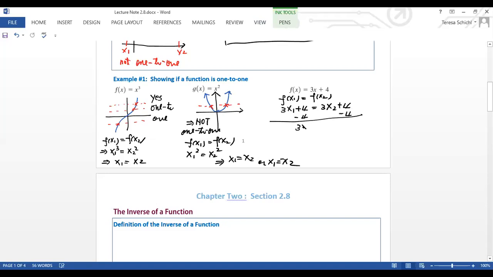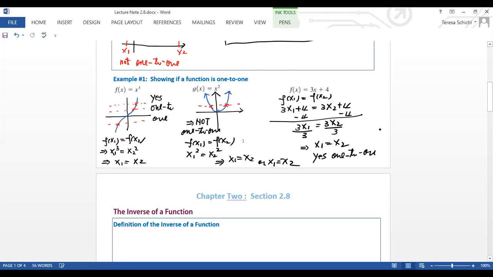So I get 3x1 equal to 3x2. Now I divide by 3 on both sides. What I have is x1 equal to x2, right? So if the function values are equal, then these two have to be the same value. You cannot have two values. So we say yes, this is one-to-one.